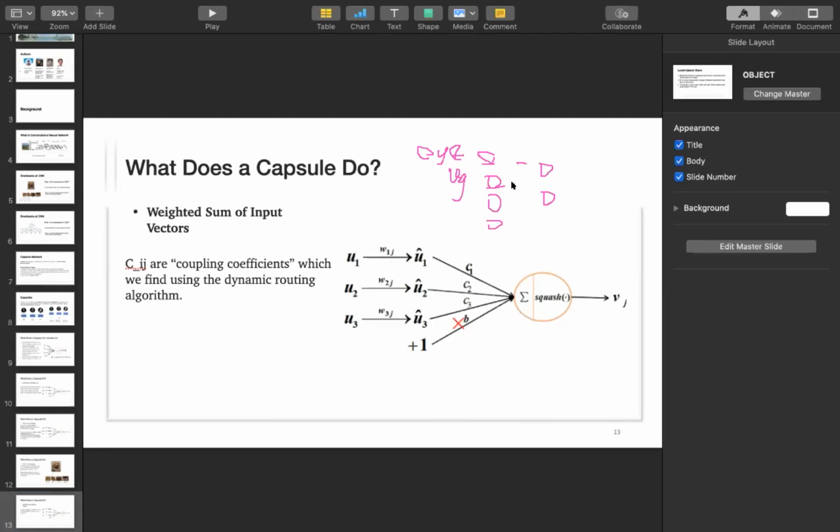For the next layer, the first capsule represents the face, and the second capsule represents the body.